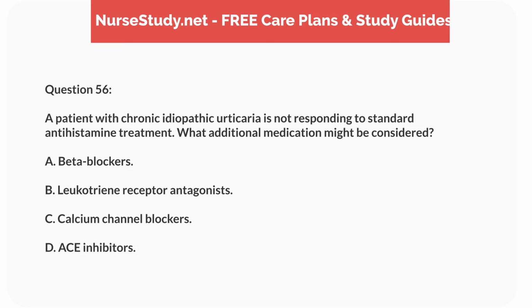Question 56. A patient with chronic idiopathic urticaria is not responding to standard antihistamine treatment. What additional medication might be considered? A. Beta blockers. B. Leukotriene receptor antagonists. C. Calcium channel blockers. D. ACE inhibitors.